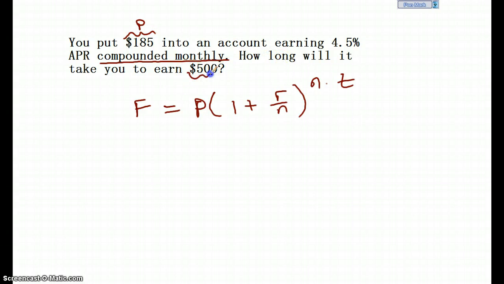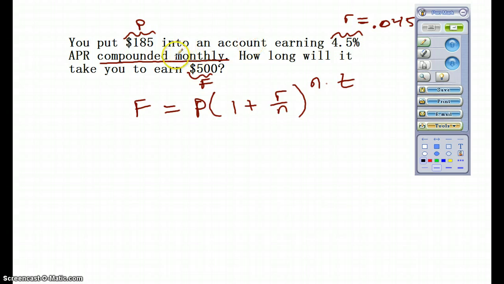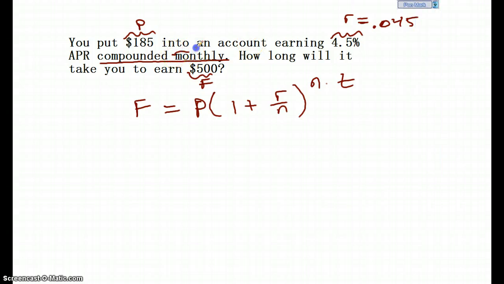I know my future value will be $500, and I know my rate is 4.5%, which, remember, as a decimal, if you divide 4.5 by 100, gives you 0.045. And I know that I'm compounding monthly, so remember that monthly compounding means 12 times per year.